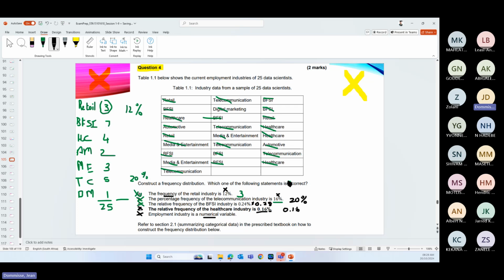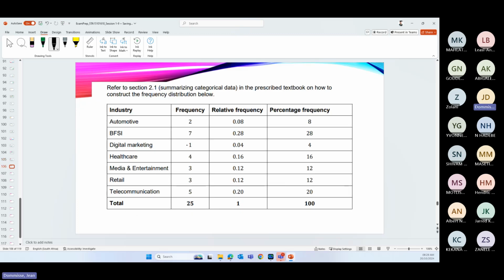So it must give you a decimal and not a percentage. And then like we've seen, employment industry is categorical data, it's not numerical. So everything in this one was actually wrong.